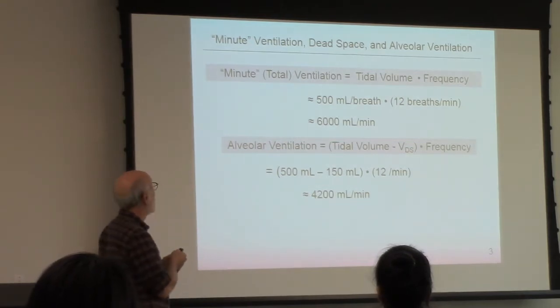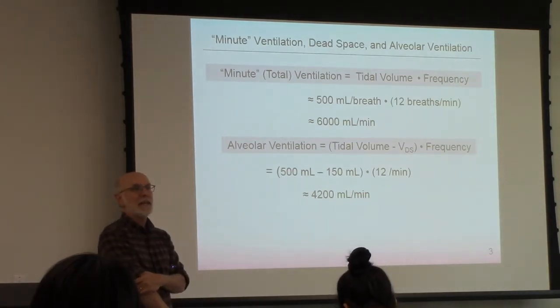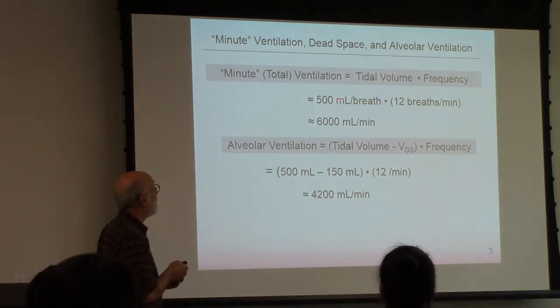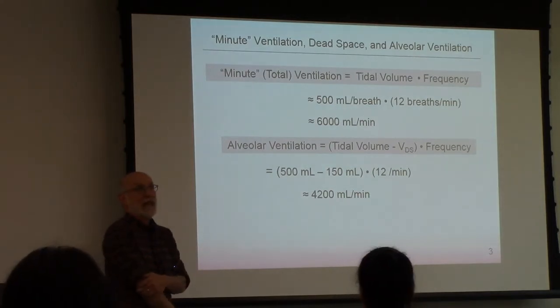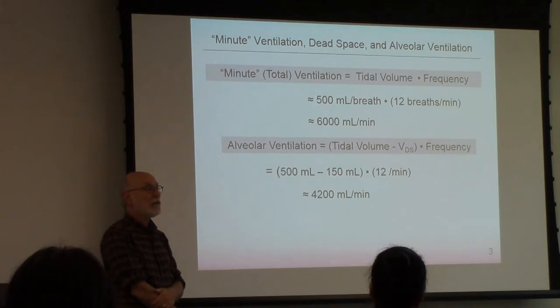We can talk about total ventilation, which is often called minute ventilation in the pulmonary physiology text. It's just the volume of a breath, which under normal circumstances is a tidal volume, using the anatomical phrase for volumes.